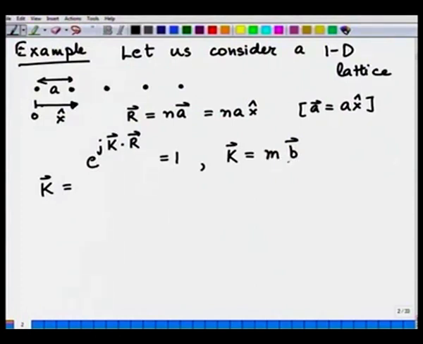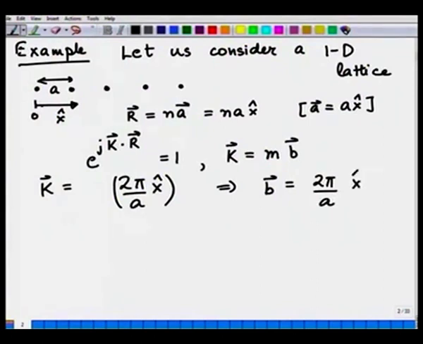So if I substitute in there, what does that tell you? That says that k vector should be simply equal to 2 pi by a x hat, implying that b should be equal to this quantity, or k should be equal to m multiples of it, where b is this quantity here.